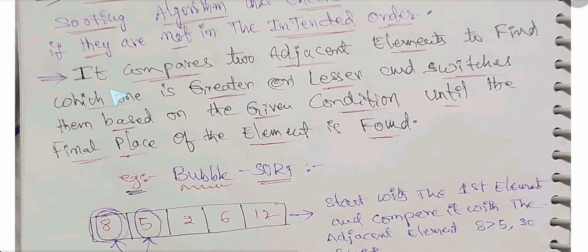It compares two adjacent elements, side by side elements, to find which one is greater or lesser according to the swapping type, and switches them based on the given condition, whether it is ascending order or descending order, until the final place of the element is found.